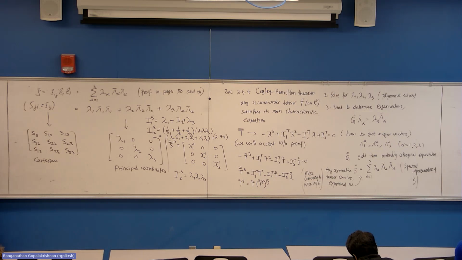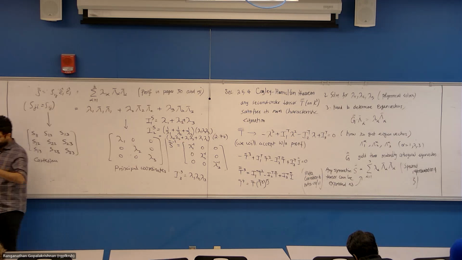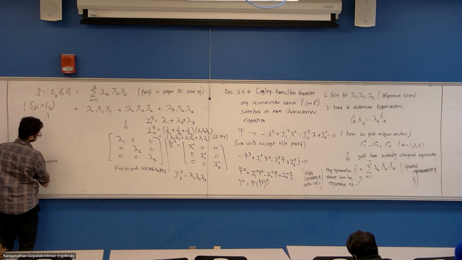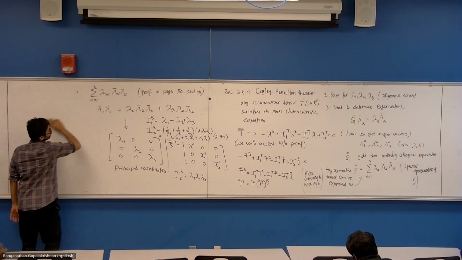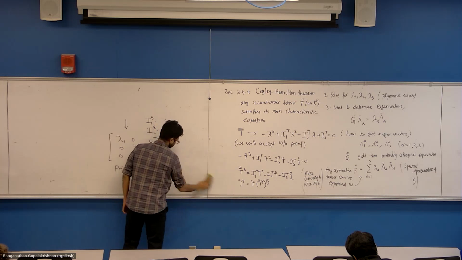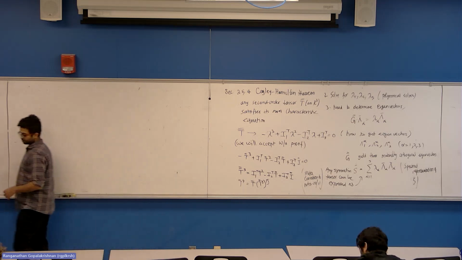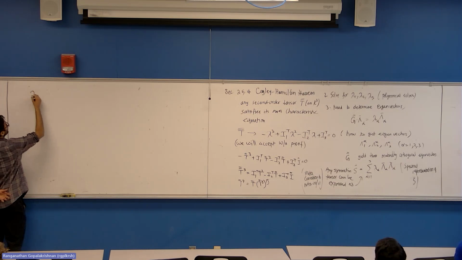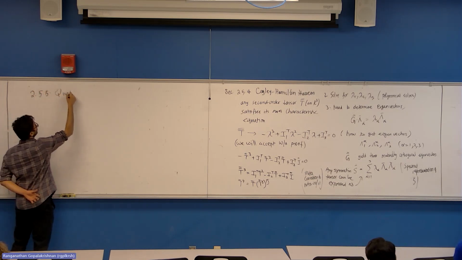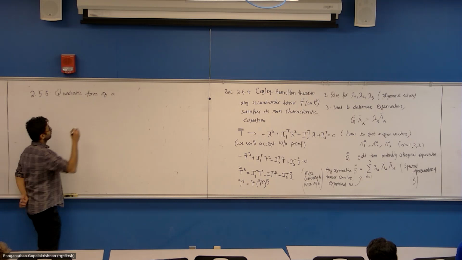So this is in section 2.5.4. The last idea or property that we are seeing here is called the quadratic form of a symmetric tensor.